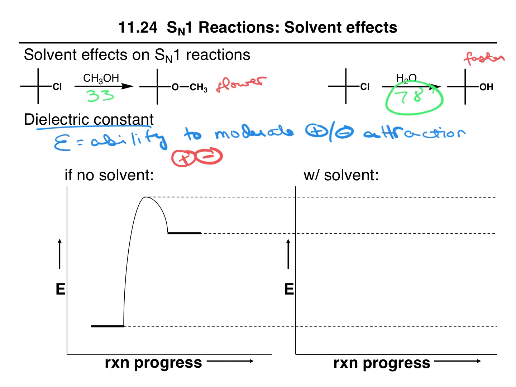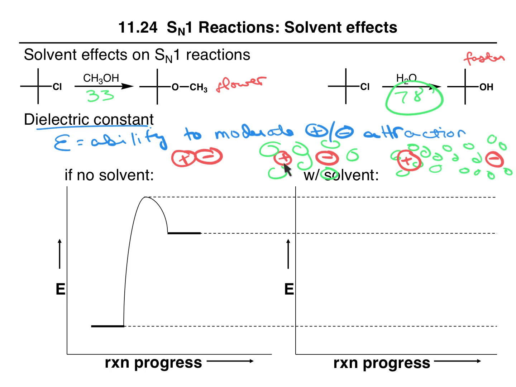If we have a solvent with kind of a medium dielectric constant, then our positive and negative will be separated because we're going to have these solvent molecules around. But if we have a solvent with a very high dielectric constant, this cation is going to be way far away from the anion, and it will be solvated by lots of molecules.